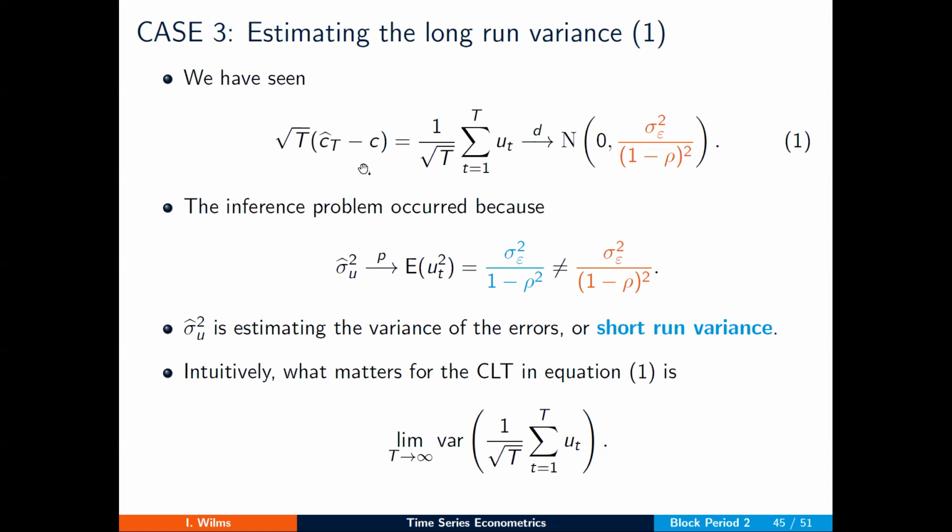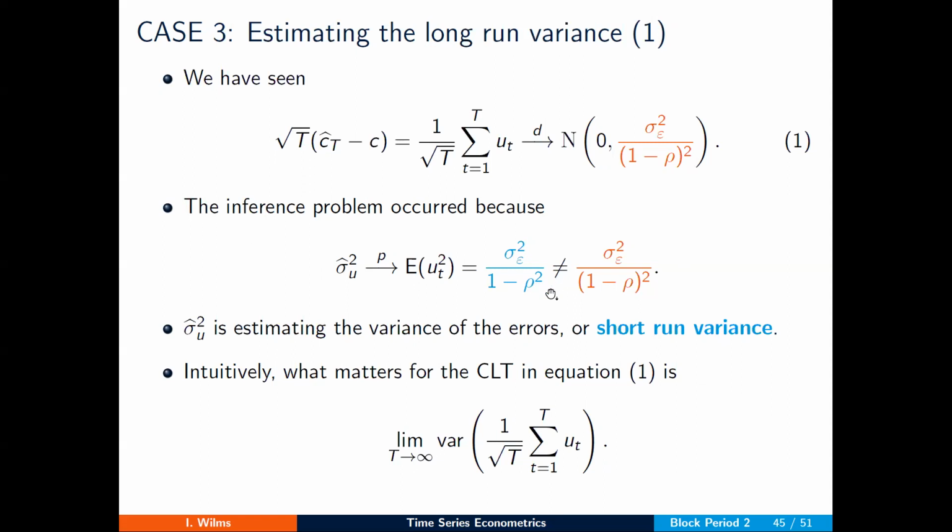In essence, we've seen that the problems arise since the numerator, this guy over here, converges in distribution to this normal with asymptotic variance indicated in red, which is a so-called long-run variance. Now, our problem arose since the denominator of the test statistic, the sample variance of the residuals, converged in probability to the expected value of ut squared, which gave us the so-called short-run variance indicated in blue.